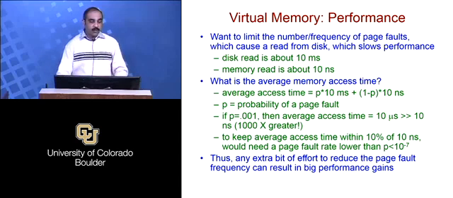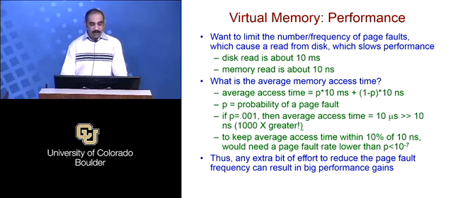You want to design your memory system such that the frequency of page faults is relatively low. For example, a disk read is of the order of 10 milliseconds. A memory read is of the order of 10 nanoseconds.